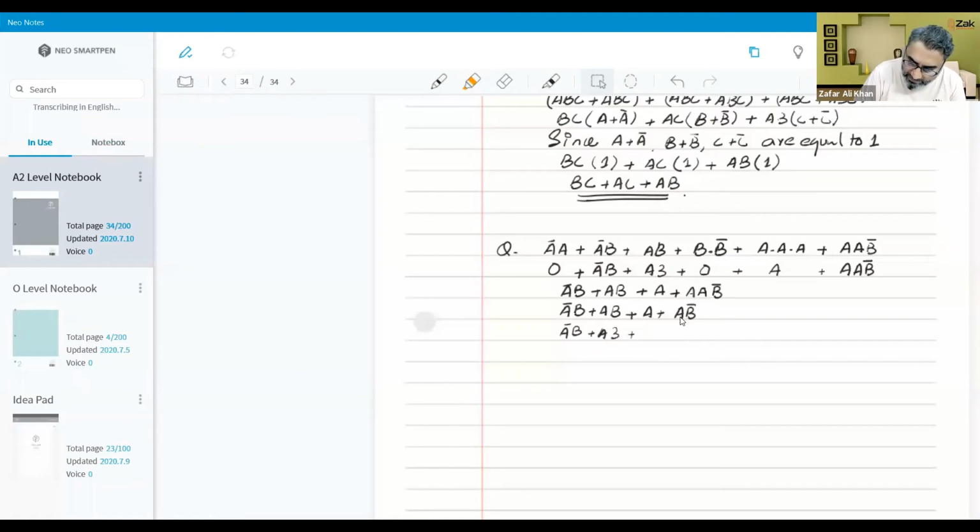And then if I consider it this way, so this would become a into 1 plus b naught. So this 1 plus b naught becomes 1. 1 plus b naught becomes 1. Inverse law.